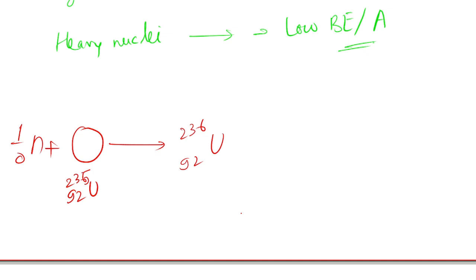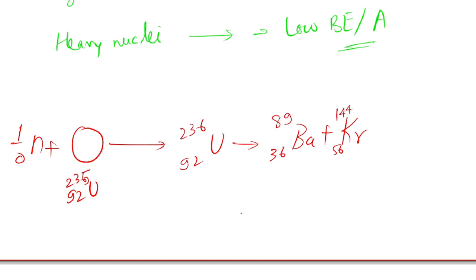Now 92 uranium 236 will break into two lighter nuclei. One is barium with the atomic number of 36 and atomic mass number of 89, plus another one is krypton with atomic number of 56 and the atomic mass number of 144.